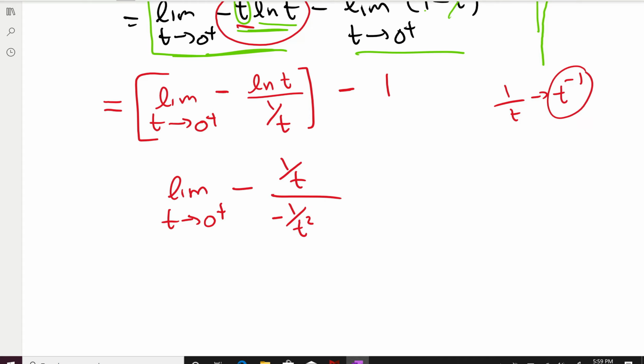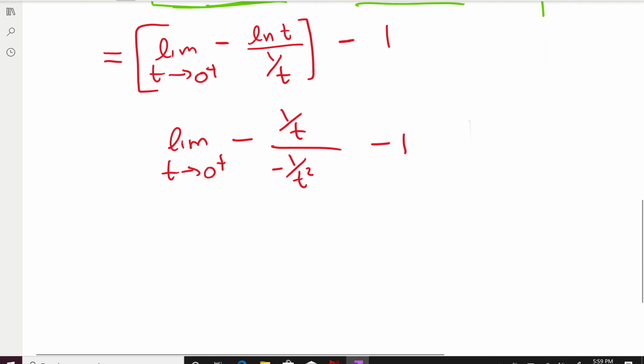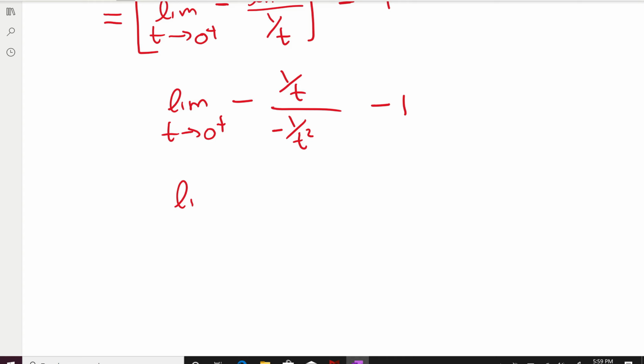If you differentiate t to the negative 1, the negative 1 comes out, negative 1 minus 1, t to the negative 2, that means it's negative 1 over t squared, okay. So that's what I wrote here, right. We use L'Hopital's rule, minus 1. So let's see what we get here. Let's try to simplify this. So it's negative 1 over t, and dividing by negative 1 over t squared is the same as multiplying by negative t squared.